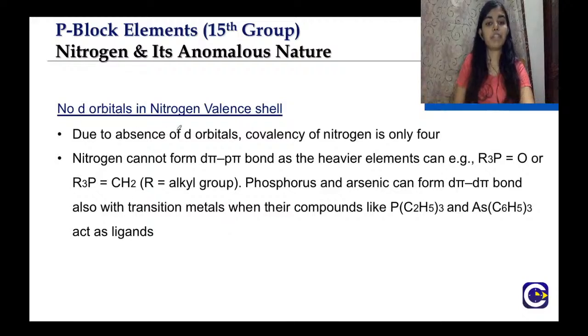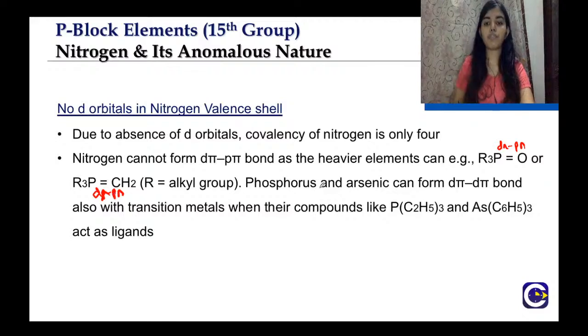Now due to the absence of d orbitals, the covalency of nitrogen is only 4. That means nitrogen can form a maximum of 4 bonds only, right? Now it is very important that because of the absence of d orbitals, it cannot form d-pi bonds, while the heavier elements can form d-pi bonds, right? So this type of bond is a d-pi bond, with a d orbital from the phosphorus and p orbitals from the carbon itself.